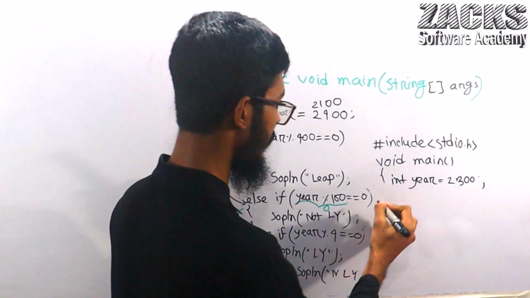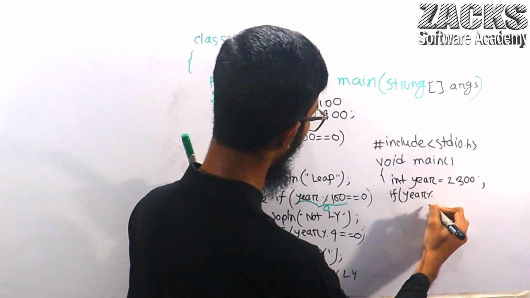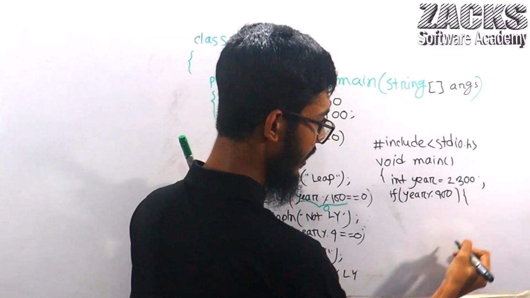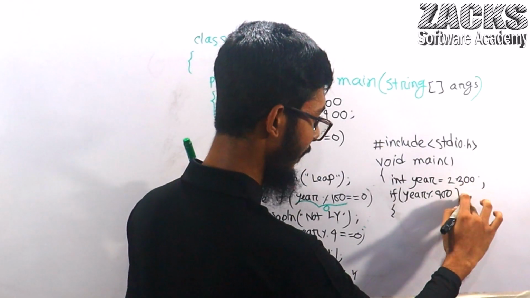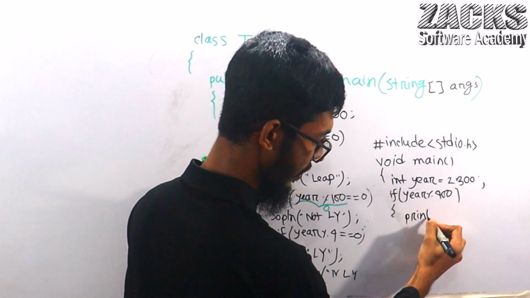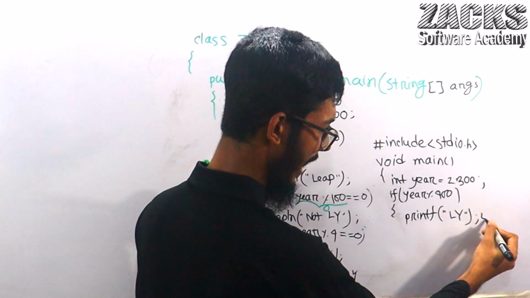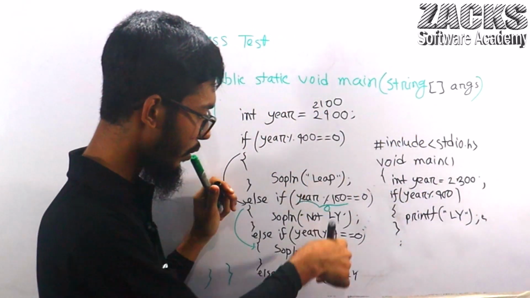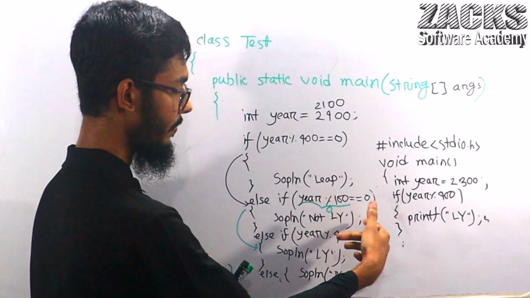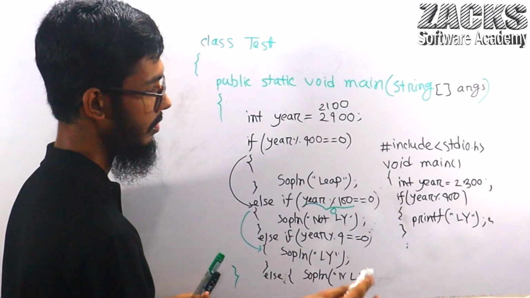All the code is the same. If the year is divisible by 400, then instead of System.out.println, we are using the printf function now, like leap year. The remaining logic is the same, just instead of SOPLN we are writing printf. I'll show the code also.